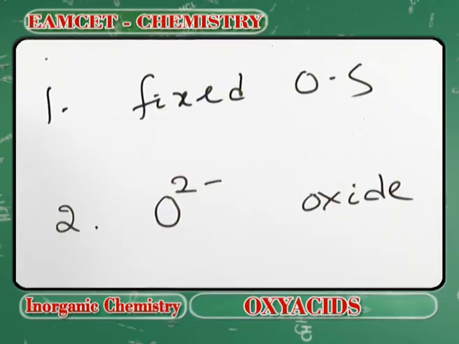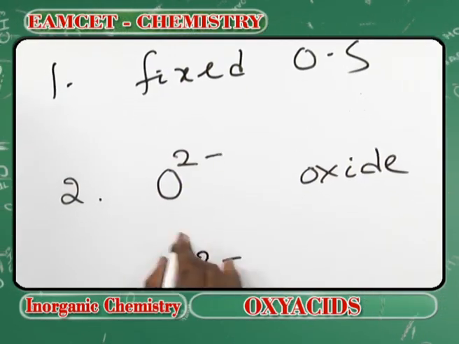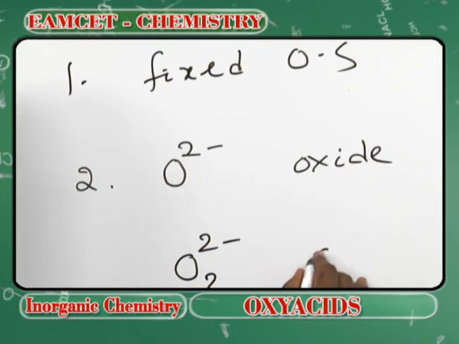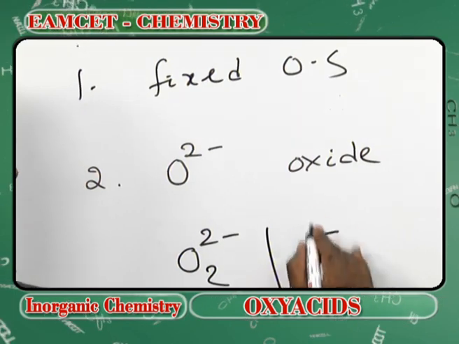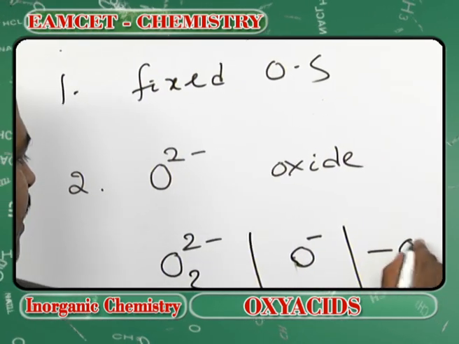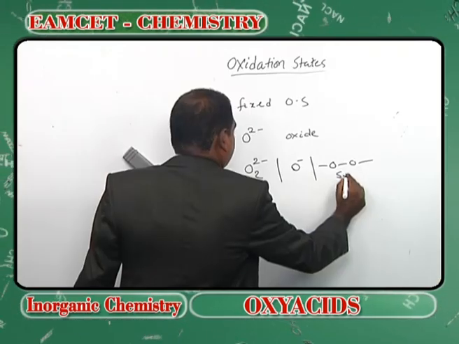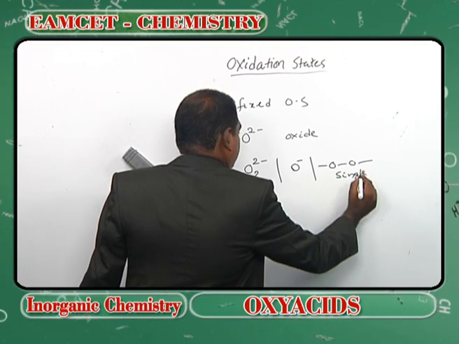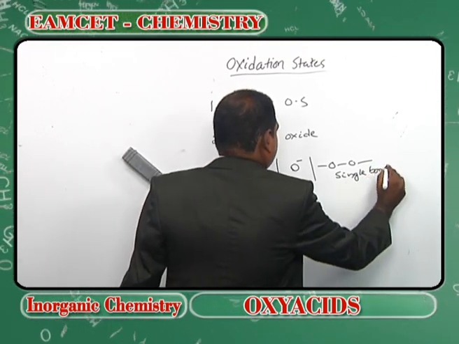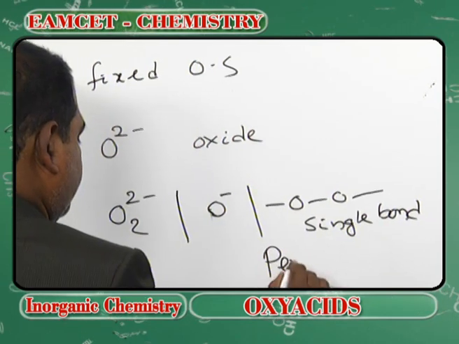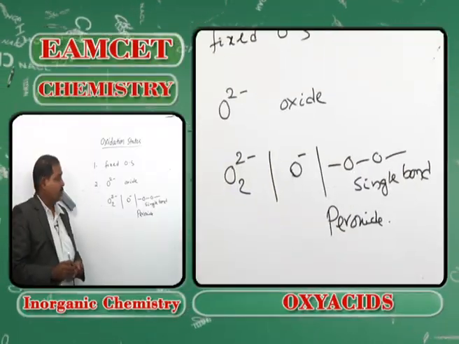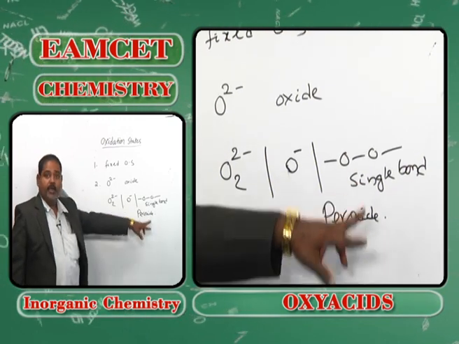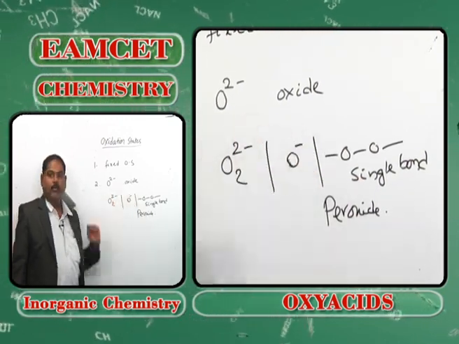O2 2-, two oxygens put together getting 2-, or one oxygen just 1-, O-, with an oxygen single bond, is called a peroxide. A substance containing an oxygen single bond is called a peroxy compound.